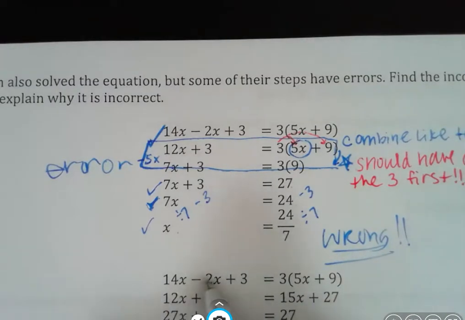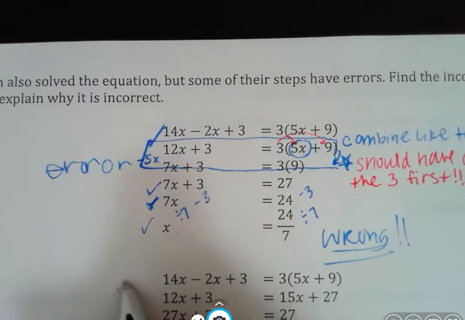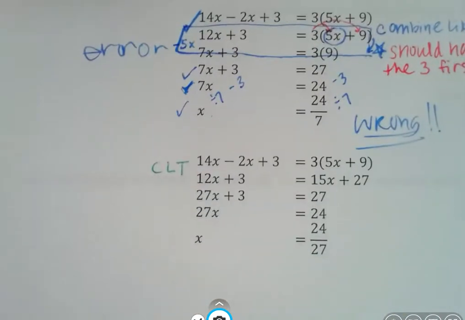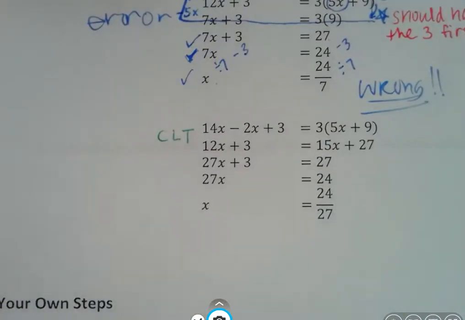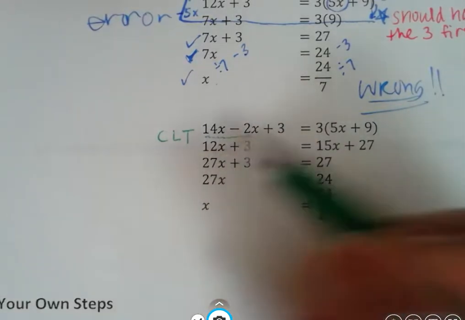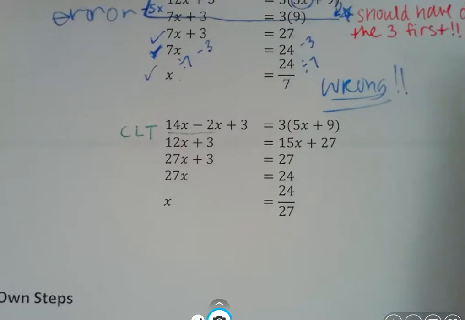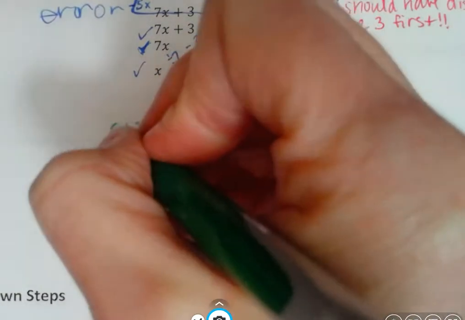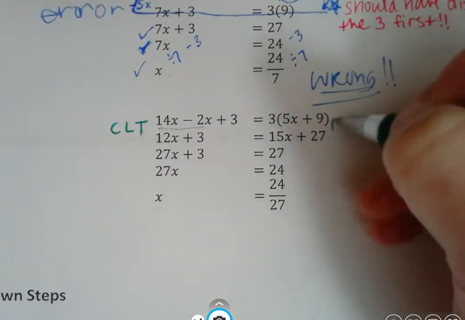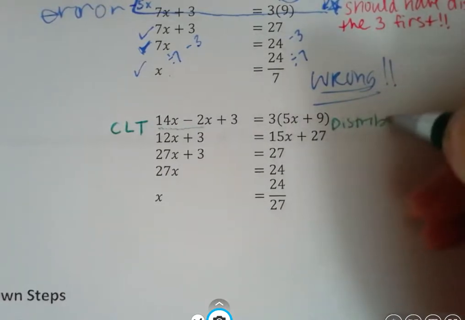So what Noah did over here by combining like terms, I'm just going to say CLT, is actually mathematically correct, right? Combined these x's to get 12. If you look at the right side, though, Noah actually distributed on the right-hand side.